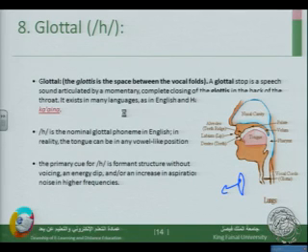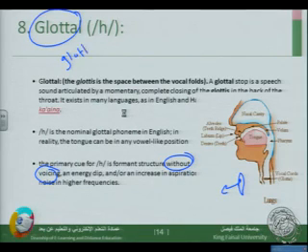It exists in many languages, like in English, like ha. Ha is voiceless, without voicing. This is, I guess, the last one. So the place of articulation is the glottal. Glottal means it happens in the glottis.